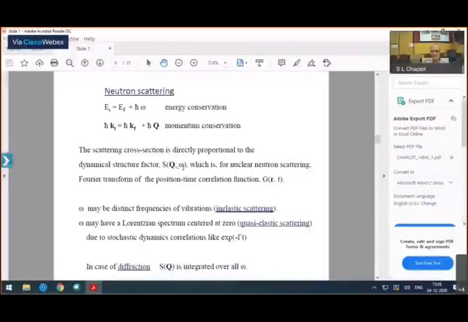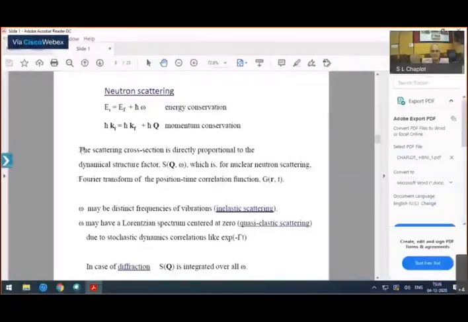It's a four-dimensional space, and the corresponding four-dimensional space from the reciprocal to real space is R and T. And so the correlation between the atoms in space and time is the so-called position time correlation function. When you look at only the diffraction, not the omega and T, then the G of R is like the pair distribution function of the vector distances between atoms. And the Fourier transform gives you S of Q, and here this is the position time correlation function.